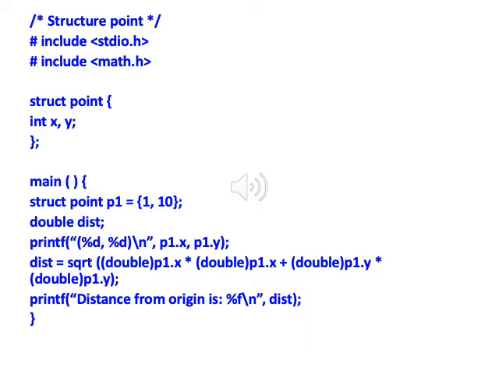Now our intention in main is to declare a variable of this point structure complex data type, assign some values to it, use it in some calculations, and then print a particular value.